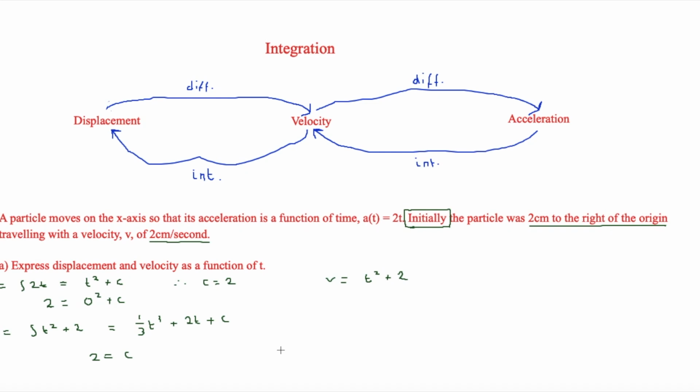So therefore, we know again 2 is equal to c, so that s is therefore equal to 1/3 t cubed plus 2t, and then plus the constant, which is in this case 2.